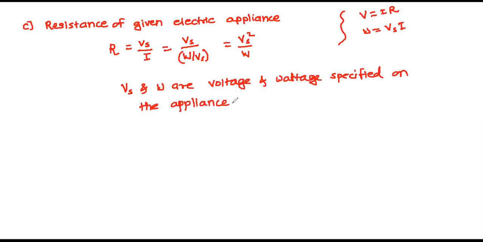Sir, can you tell one example? Yes, sure. See here. One common example I am taking. Let us suppose we are having a bulb. Something like this, you can assume.